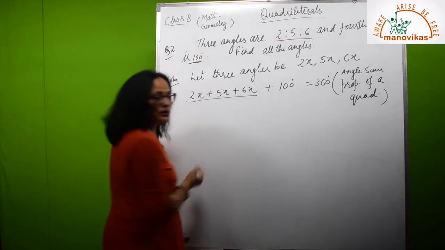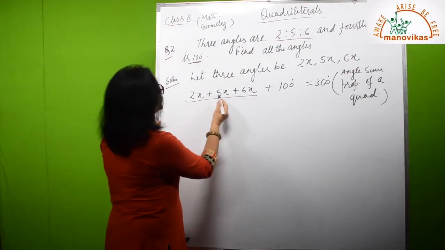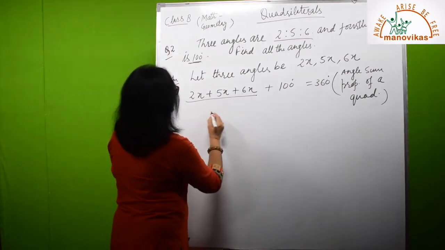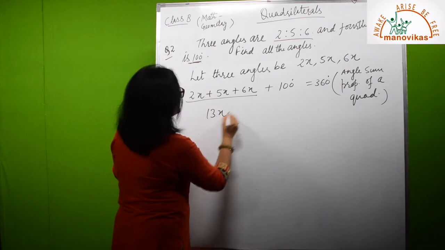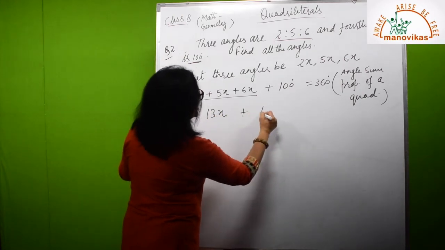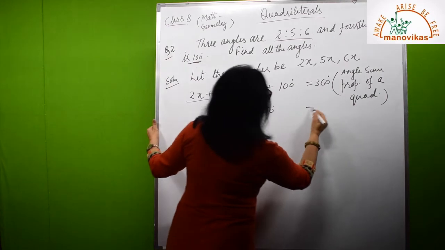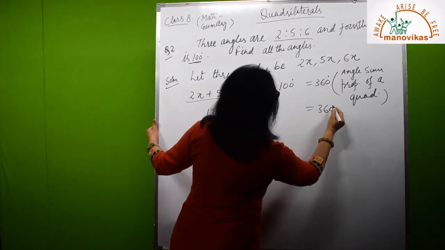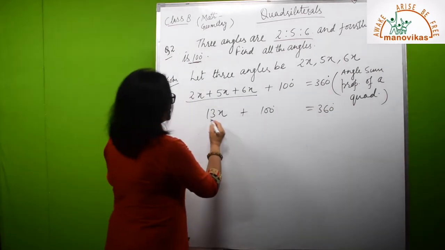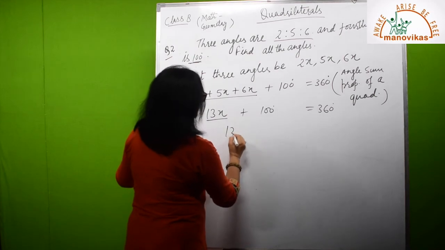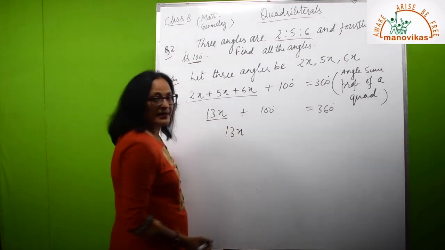Now add all these variables: 2 plus 5 plus 6, 13x, plus 100 degrees is equal to 360 degrees. Because this is in variable form, we will write it as it is.